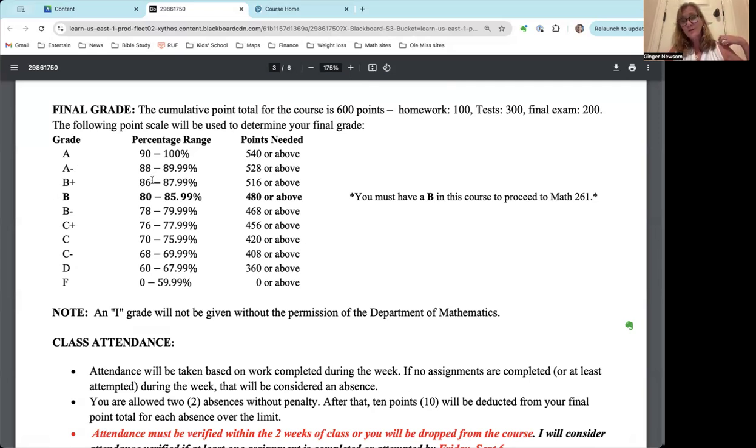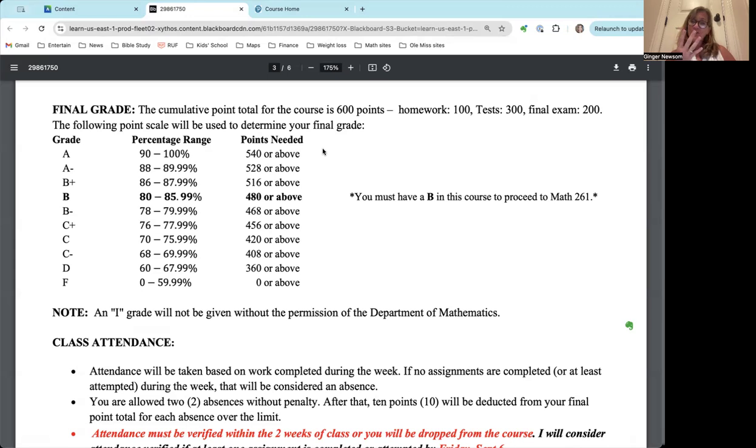So for those of you who have to make that B to be able to go on to the next class, either Chem 105 or Cal 1, you've got to make a B or an 80%. If you want to look at it as the points, if you think about it, we have four tests, but we drop one, so that's 3 tests, that's 300. Our homework counts another 100, so that's 400.